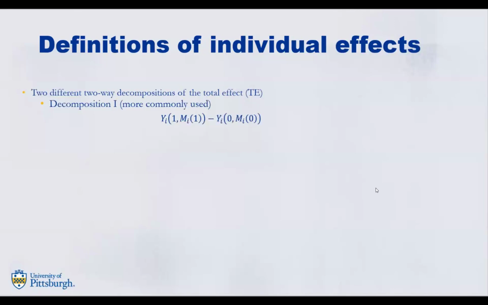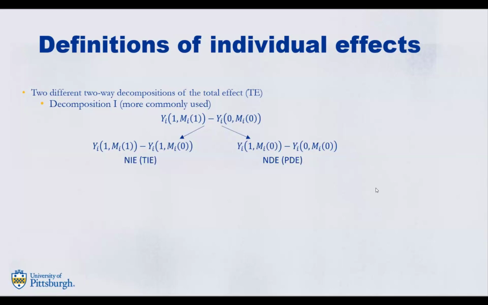We decompose the total treatment effect, which is a contrast of Y1 and Y0. Y1 can be alternatively written as Y1M1, and Y0 can be alternatively written as Y0M0. By introducing Y1M0, we can decompose it into a natural indirect effect and a natural direct effect.